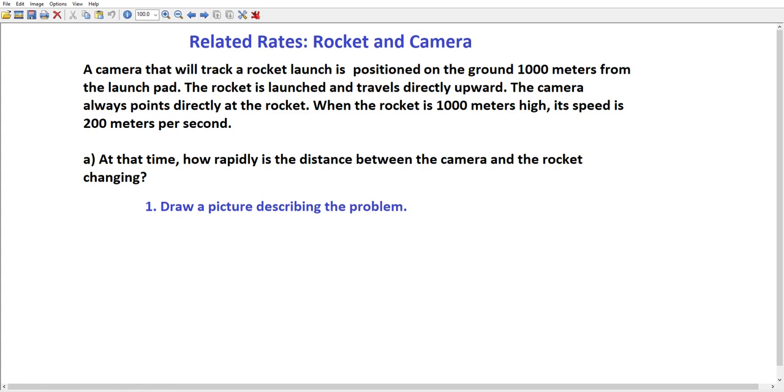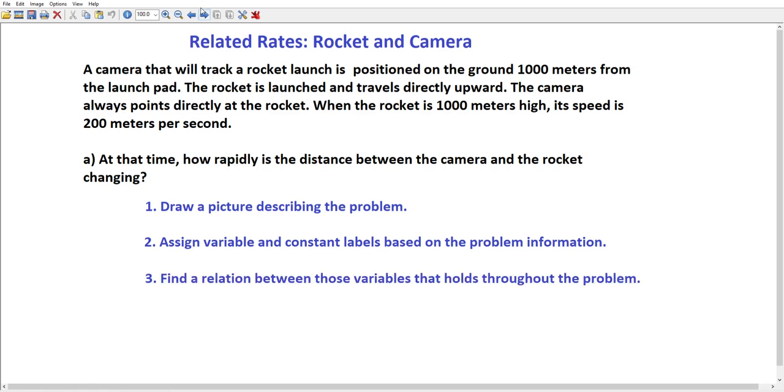The process that we follow when we solve a related rates problem is generally the following. First, if possible, you want to draw a picture that describes the problem. Next, you want to assign variable and constant labels to that diagram based on the problem information.